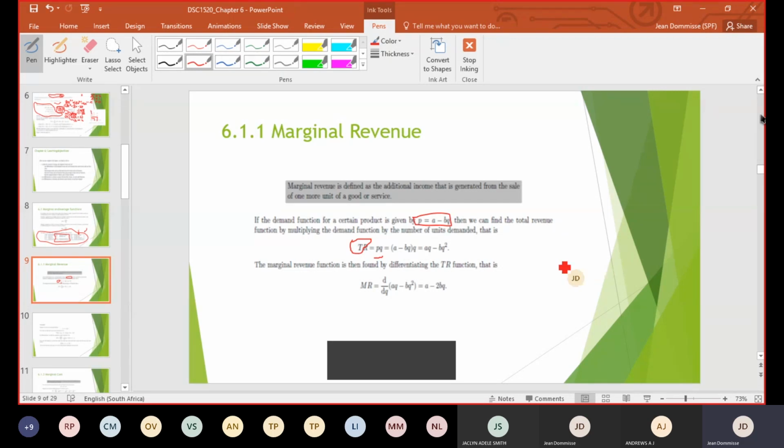So we never went to the next level of multiplying it out. So if we then multiply it out, you will see that you will always get nearly a function with a Q to a power of 2. So always to the power of 2.